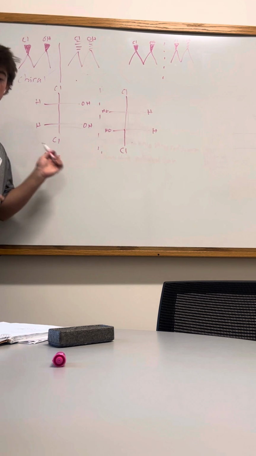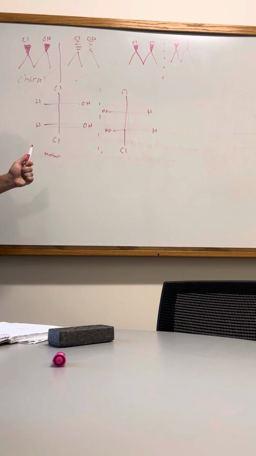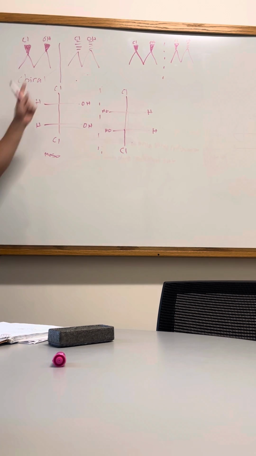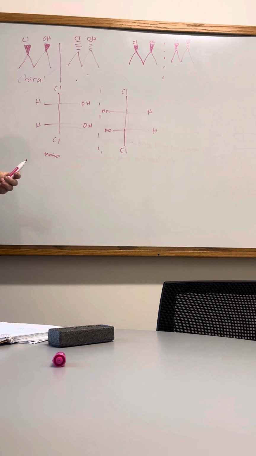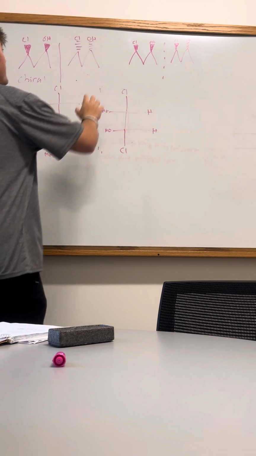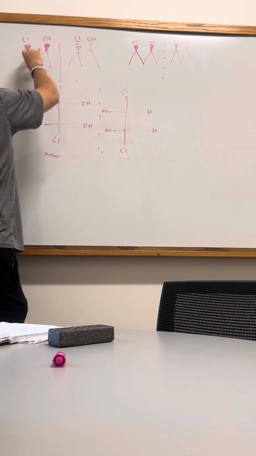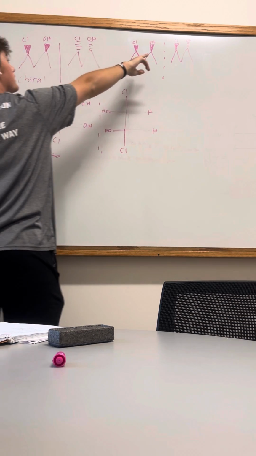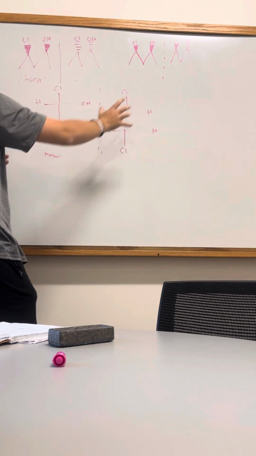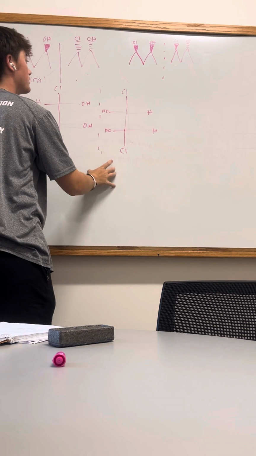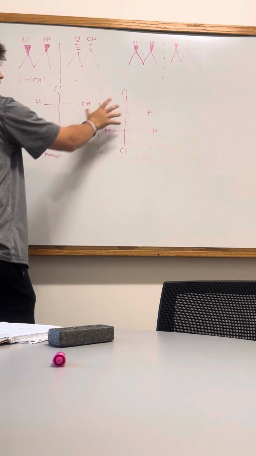But the reason why this is a meso compound is because it's exactly the same and it's a mirror image, compared to an enantiomer and a diastereomer, where they're reversed, or not reversed, their formulas are switched. As you can see, these are 2-dashed compared to this that are 2-wedged, and this is 2-wedged, and this one's dashed and that one's wedged. So it's just different because this is an actual mirror image showing similarity.